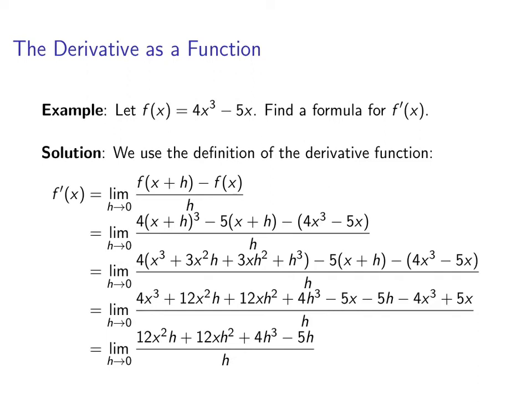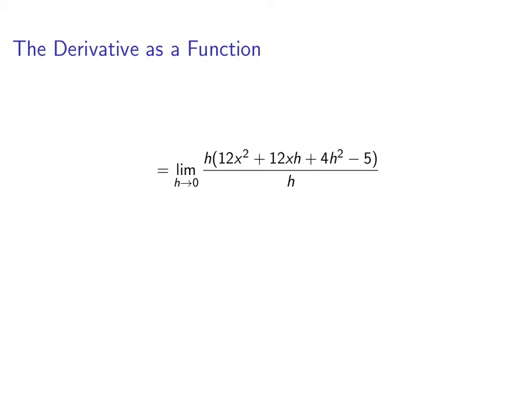We got the limit as h goes to 0 of 12x squared h plus 12x h squared plus 4h cubed minus 5h, all over h. Now factor out the h and cancel it. And now it's okay to use the direct substitution property to get 12x squared minus 5.